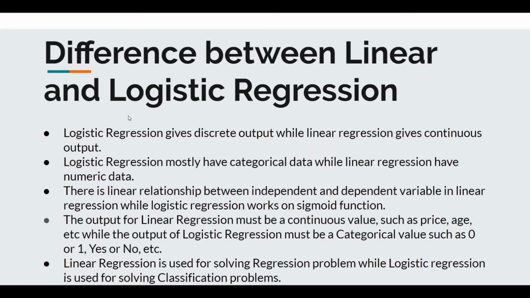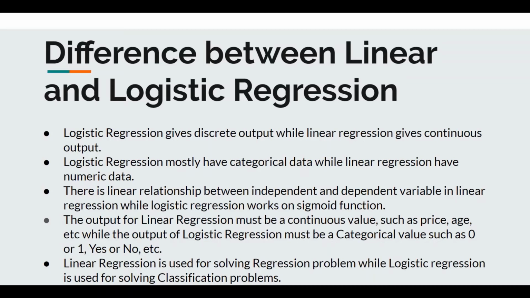Now let us understand the difference between linear and logistic regression. Logistic regression gives us discrete output, as said earlier, like 0, 1, true, false, yes, no. While linear regression gives continuous output, that is numeric output like age, date, price.